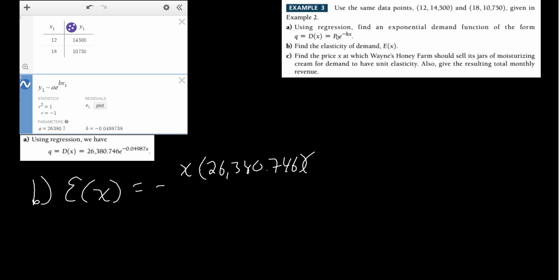We're again bringing this out front, but we're not going to multiply it yet. I multiplied the 26,380 by this value on my calculator for a moment, but then I remembered I don't necessarily have to. Times e to the negative 0.04.